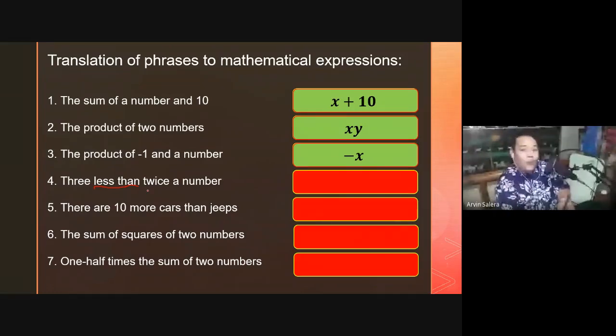Twice a number means you double the number. Let's say the number is x. Twice a number is 2x. Now, 3 less than twice a number.